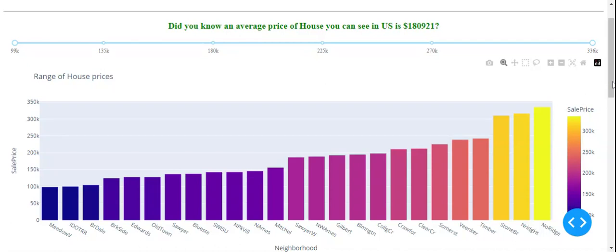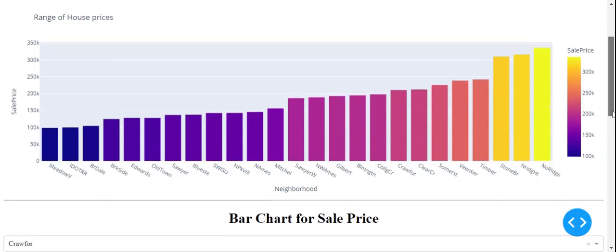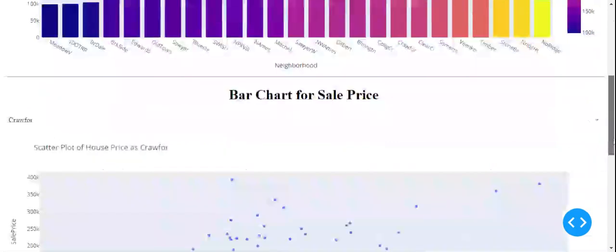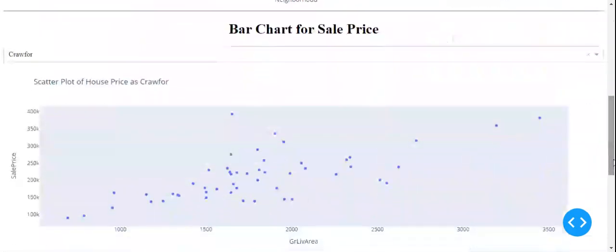The second one I would like you to know is the ground live area. And what does that mean? It is the area of the living room. The scatter plot is showing that the higher the area of the living room, the higher the price of the house.